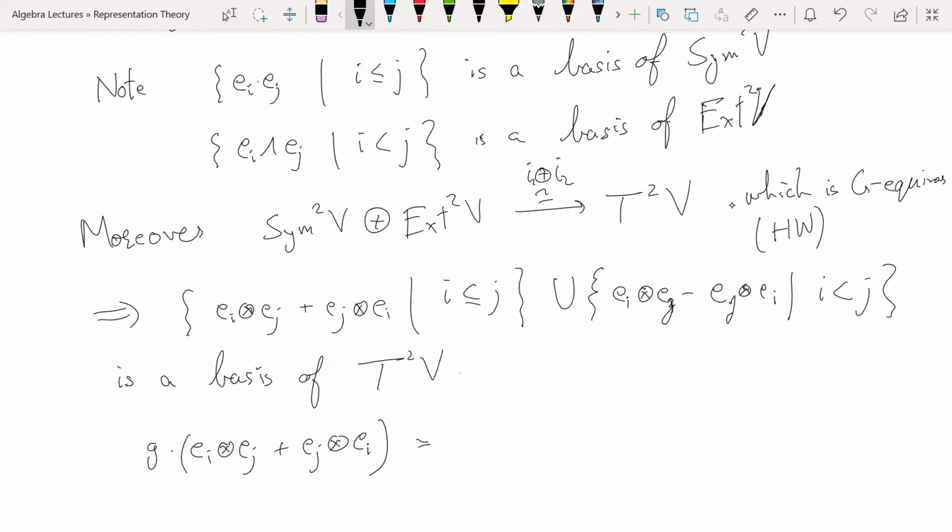This is the same as G dot EI tensor G dot EJ plus G EJ tensor G EI.